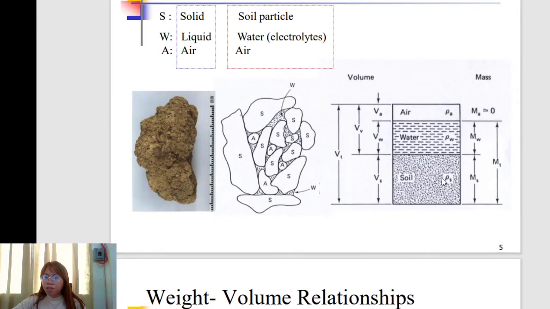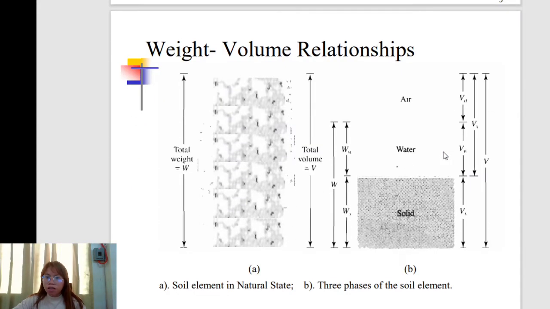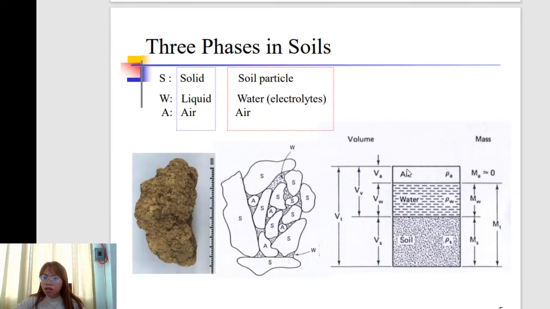We have this notation also: rho sub S, the density of the soil, rho sub W, the density of water, and rho sub A, the density of the air. So we still have the weight volume relationships. Actually, this is the same as the figure earlier.